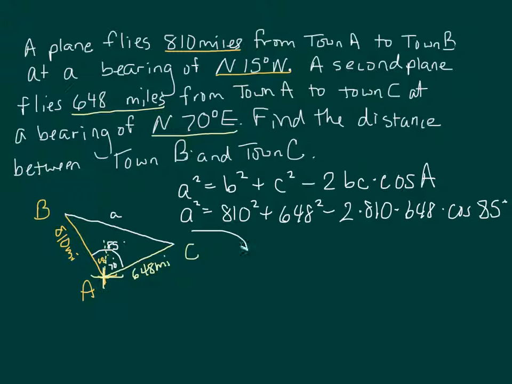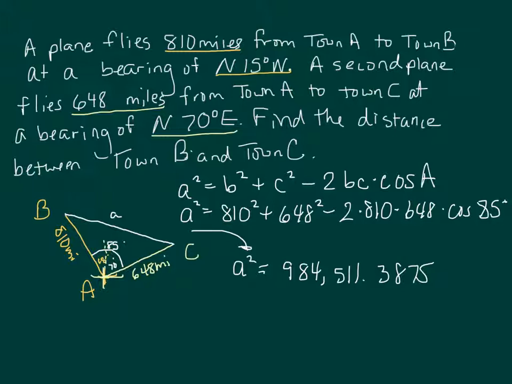Once you do that, we find that a squared equals 984,511.3875. That's a great answer, but compared to my other answers, 648 and 810, that's huge. That can't make sense, but of course if you check carefully, it says a squared.